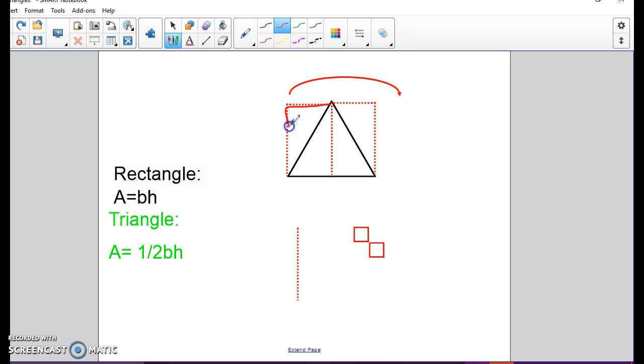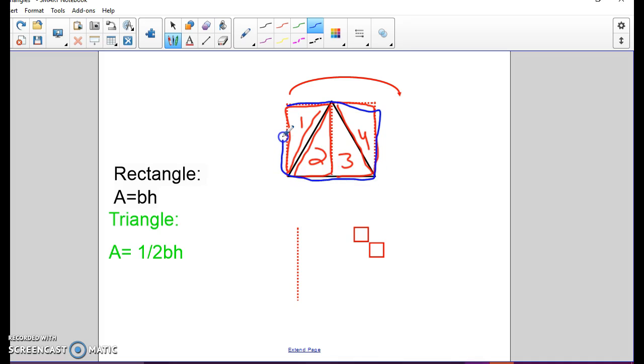We have 1 right there, 2, 3, and 4, and they all make up this bigger rectangle.